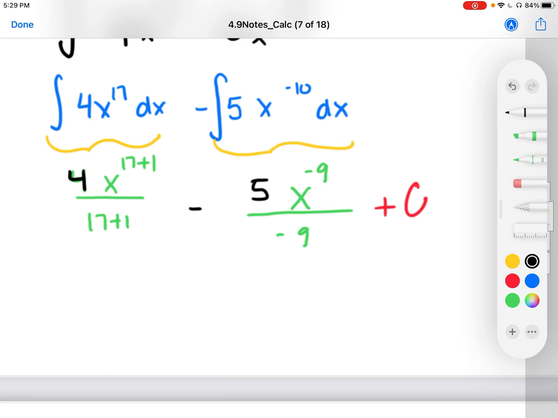All right, now it's just a matter of cleaning it up. So we have 4x to the 16th over 16. Did I subtract instead of add? I did. 18, not 16.